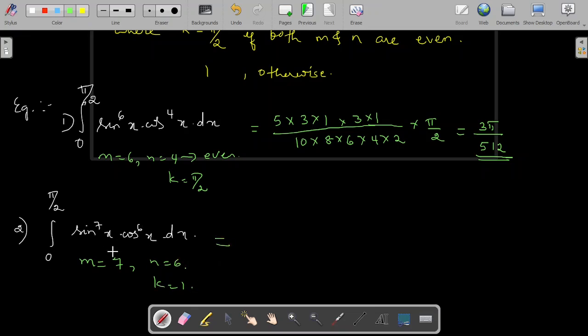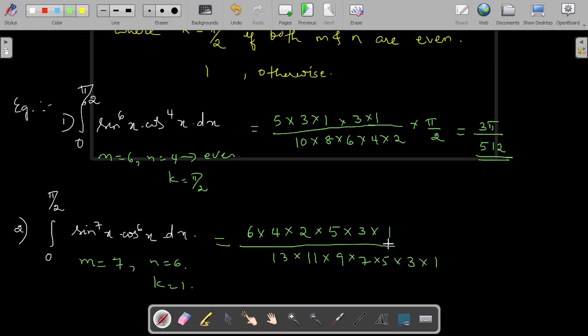Now, as per the formula, 7 minus 1, which is 6, then 4, then 2, into, here n is 6, 6 minus 1, 5, then 3, then 1, whole divided by m plus n, 7 plus 6, which is 13, then into 13 minus 2, 11, then 9, 7, 5, 3, into 1, into k value is 1. You have to simplify all this to get the final answer. And the final answer is 16 by 3003.